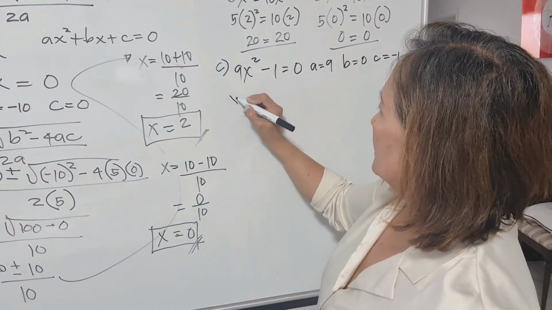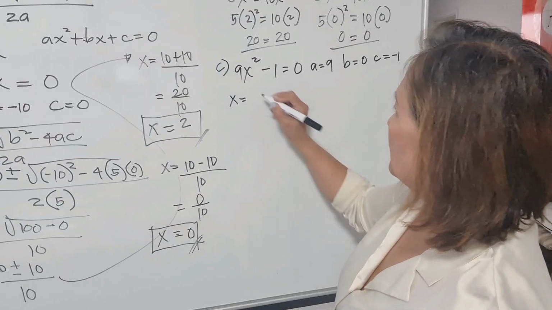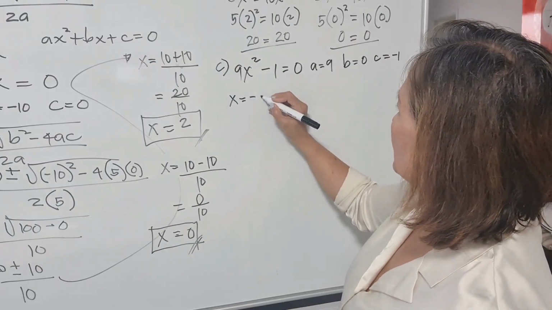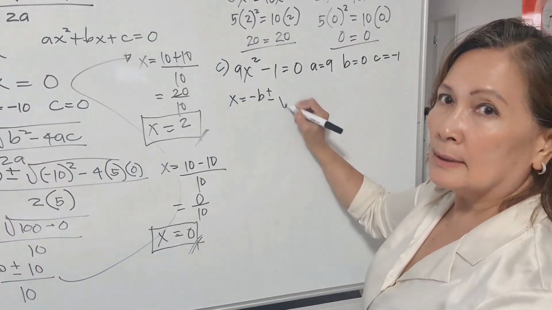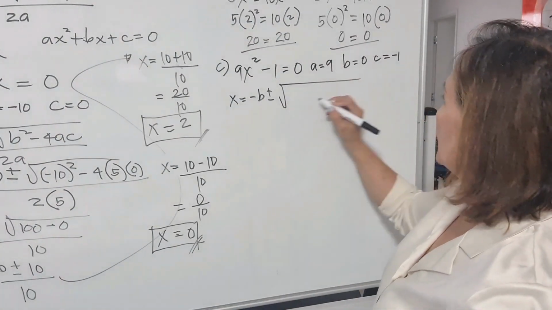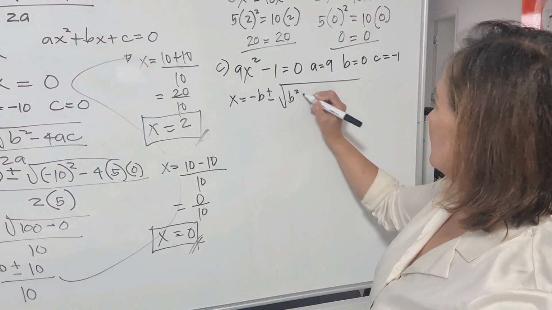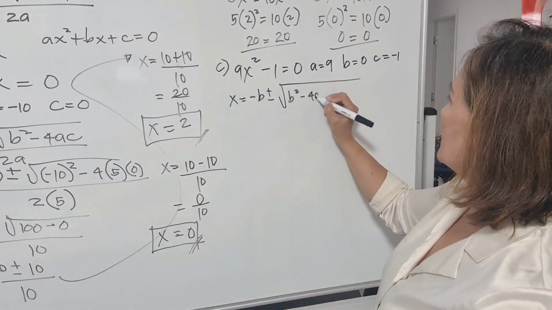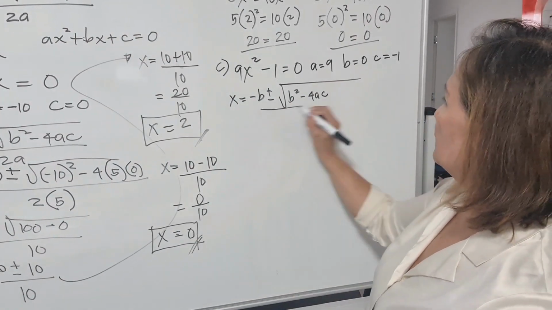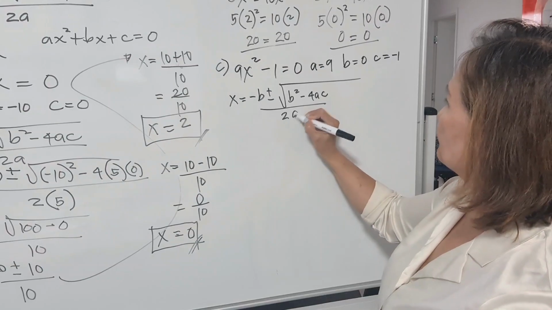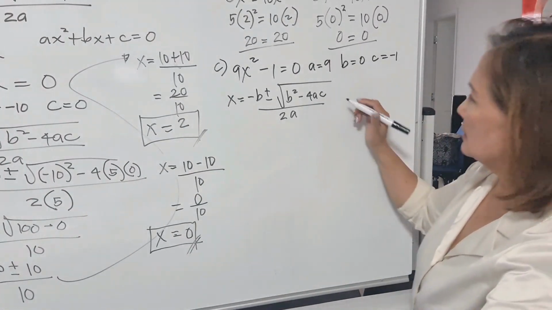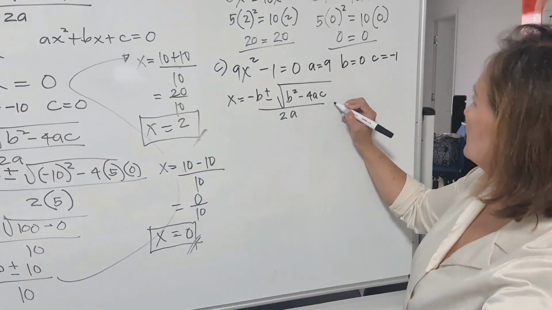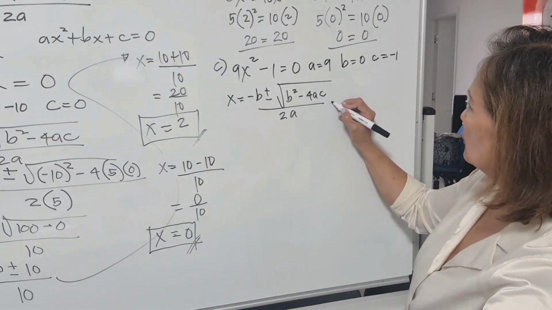Okay. Following the quadratic formula again, we have x equals -b plus or minus the square root of b squared -4ac all over 2a. Making my handwriting smaller this time, so this will accommodate all the solutions.